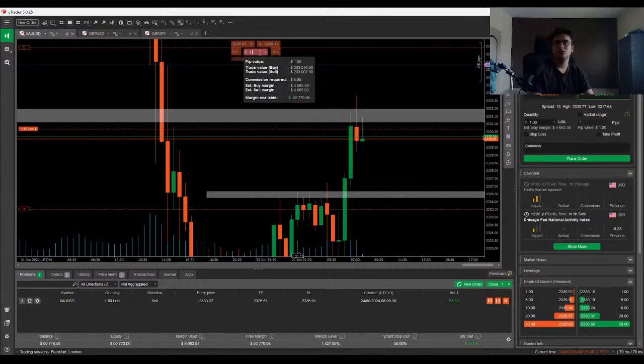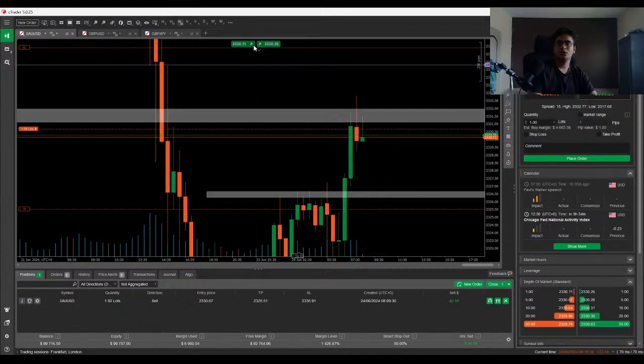I'm going to add a small volume to this trade if it breaks the lows.